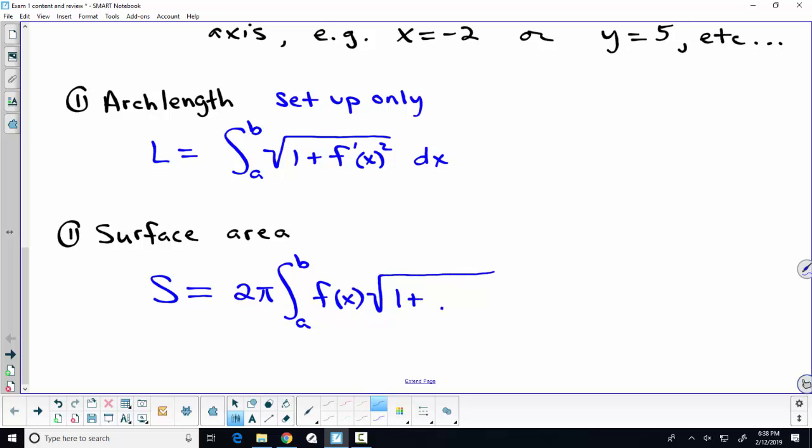And then our arc length. So that's the case if the region, or what do we call that, the figure generated, is revolved around the x-axis.